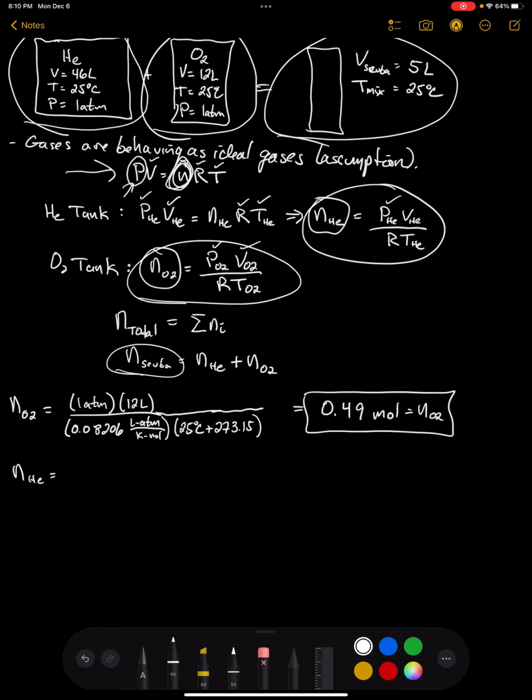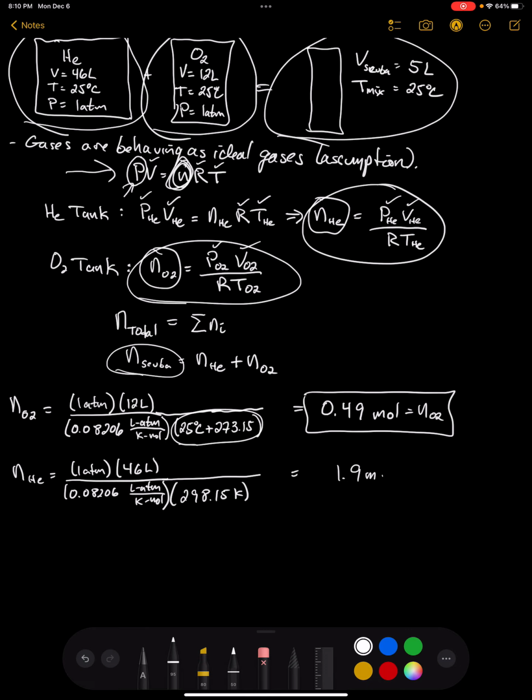So it's the pressure of the helium, which is 1 atmosphere, times the volume of the helium, which is 46 liters, divided by the gas constant, 0.08206, times the temperature of the helium, which is, again, the 25 degrees C plus 273.15, which is 298.15 Kelvin. Plugging this into the calculator, we get that the number of moles of helium is 1.9 moles.